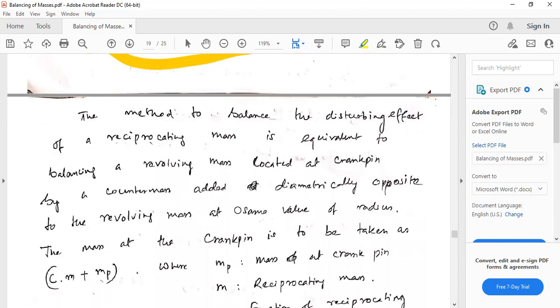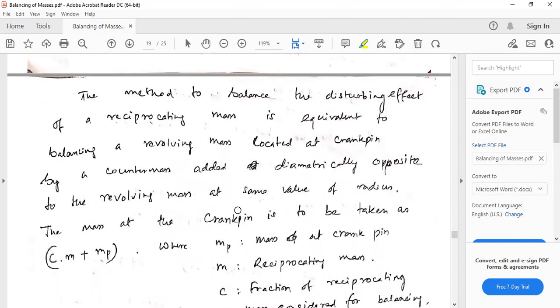Now, coming to the next part, let's read this out. The method to balance the disturbing effect of a reciprocating mass is equivalent to balancing a revolving mass located at the crank pin by a counter mass added diametrically opposite to the revolving mass at the same value of the radius.